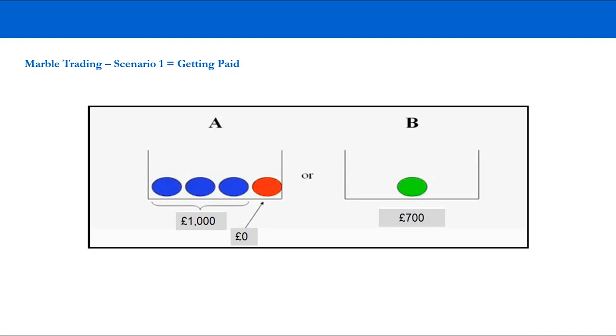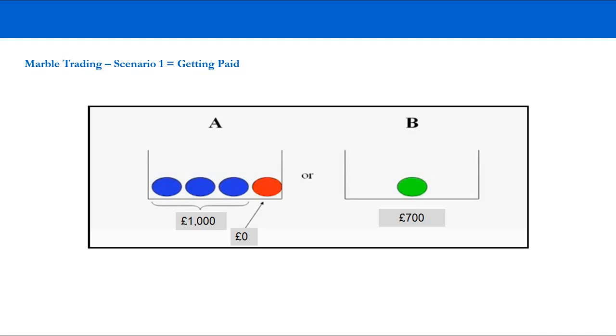Okay, so have you made your decision? Have you put your hand in box A or have you put your hand in box B? Remember, I'm having to pay you in this scenario. Write it down on a piece of paper. Write down either box A or box B under the title Getting Paid.